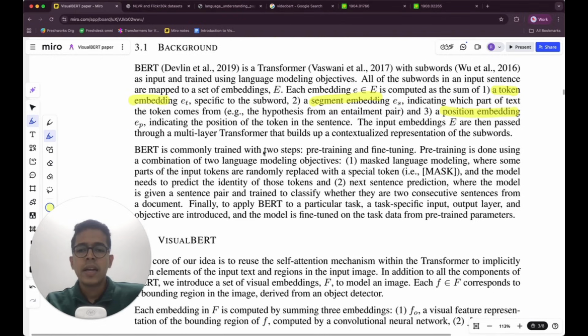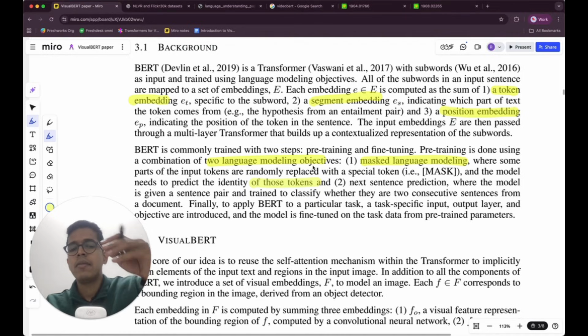BERT is commonly trained with two steps, pre-training and fine-tuning. Pre-training is done using a combination of two language modeling objectives, MLM and NSP. Masked language modeling, MLM, is where some parts of the input tokens are randomly replaced with a special mask token. So some tokens are randomly thrown out and the mask token replaces them. And the model needs to predict the identity of these tokens.